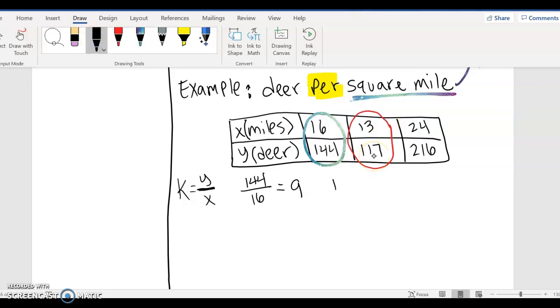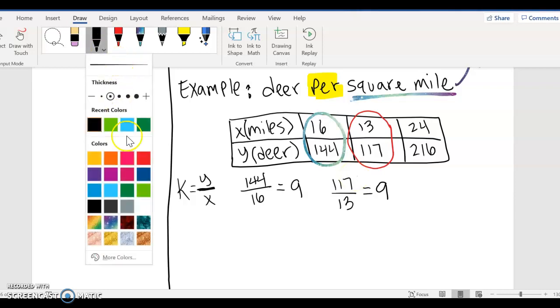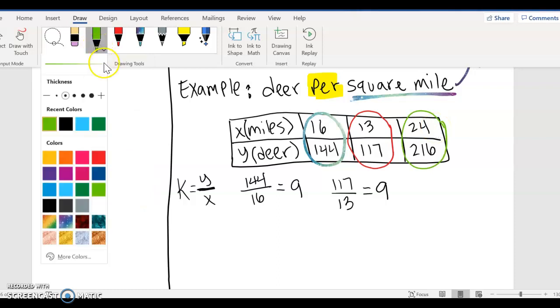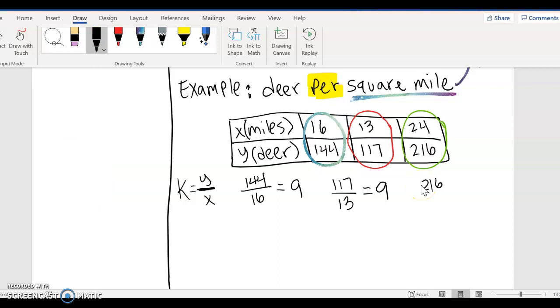Our y is 117 deer over x, 13 miles. Again, we would divide top in, bottom out. We would get 9. And our last row, our y value is 216 divided by our x value, 24. We would divide and get 9.